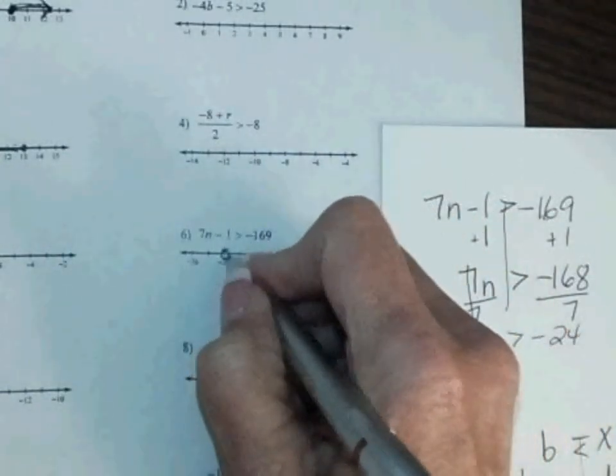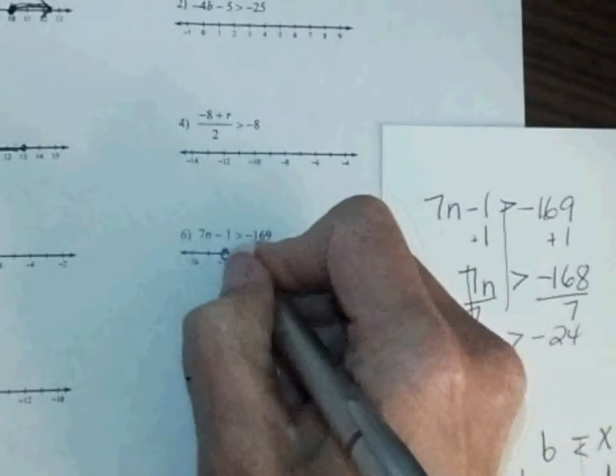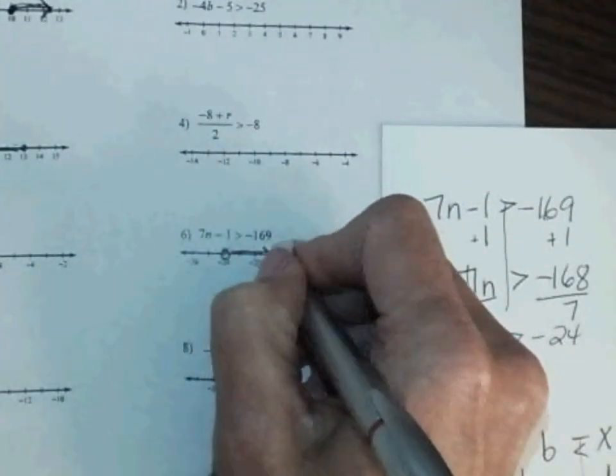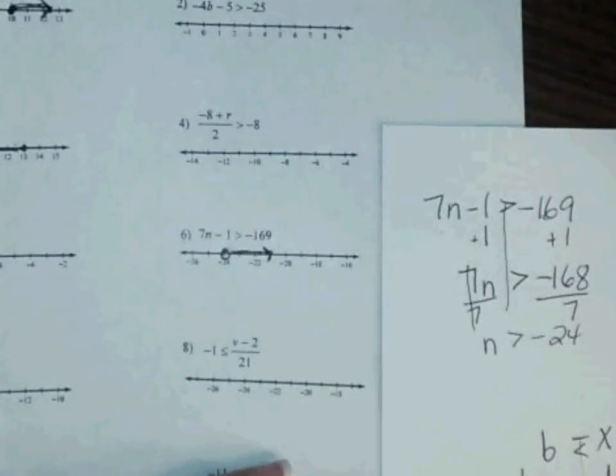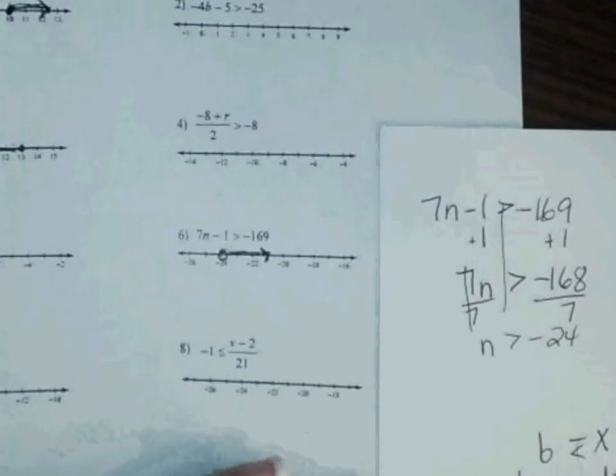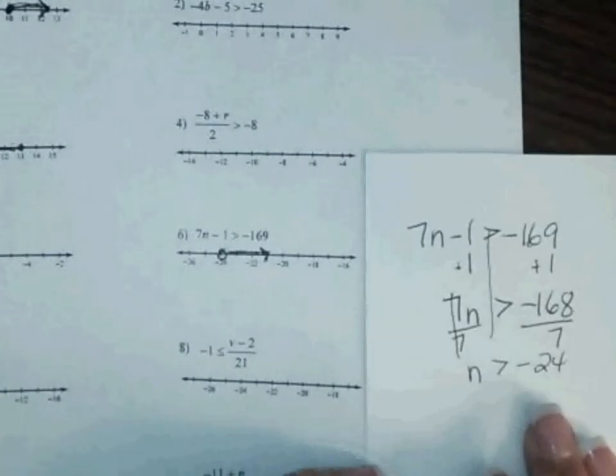I'm going to leave my dot open because it's all numbers greater than negative 24, but not including negative 24. So I hope that helps clarify just a little bit. Here, I'll do one more.